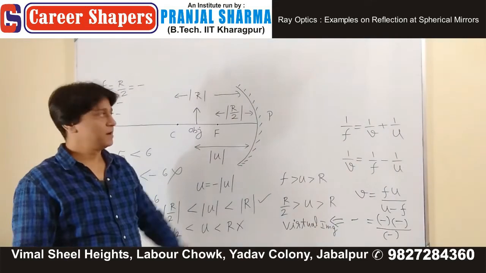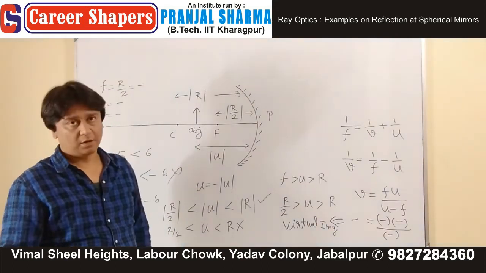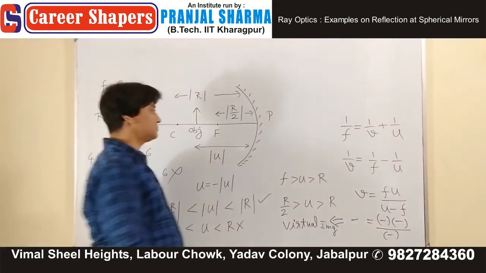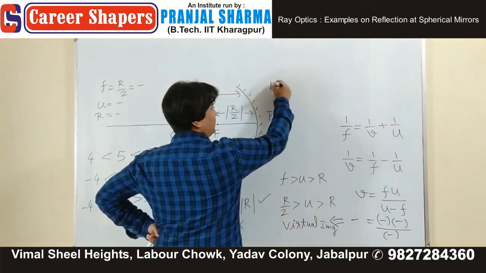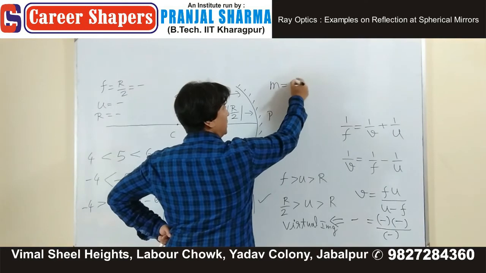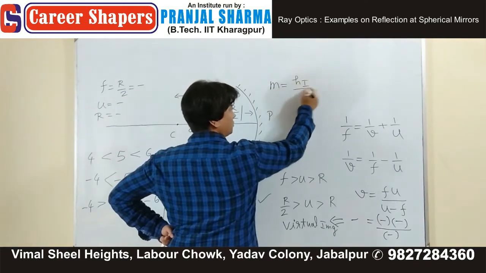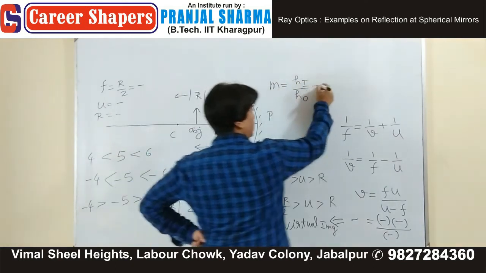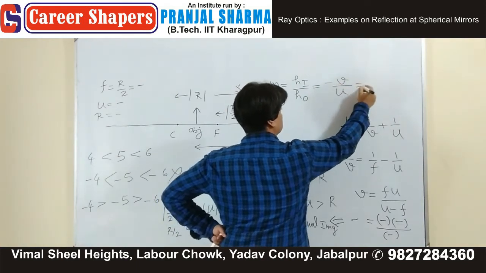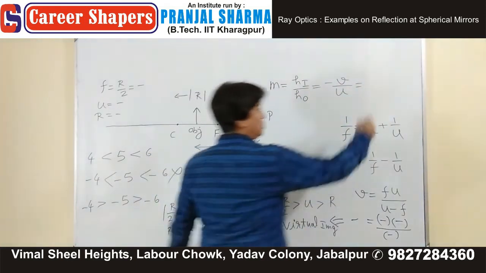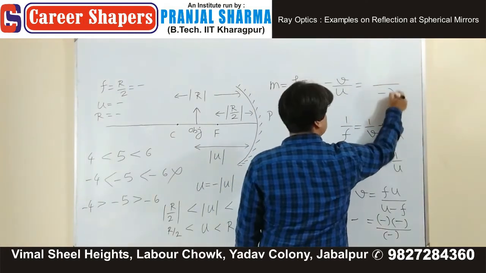So we have decided about the image, real or virtual. Magnification, hi upon ho, is minus of v upon u. U is negative.